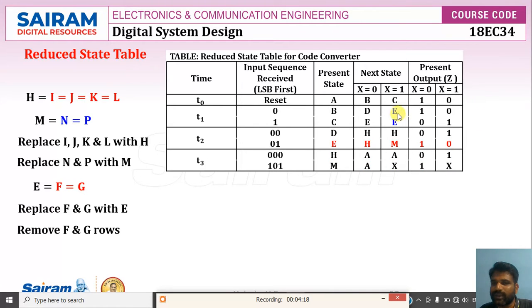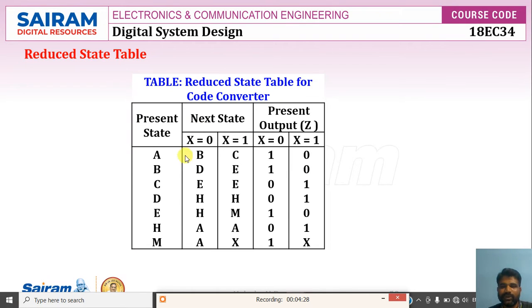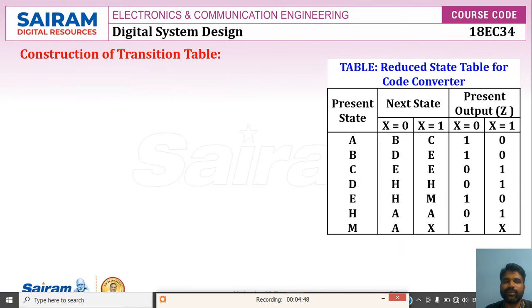Replace the F and G rows with E. Clear now? So this is the reduced state table, obtained by applying the state reduction rule, that is, replace the rows which have the same next state and output for a present state.